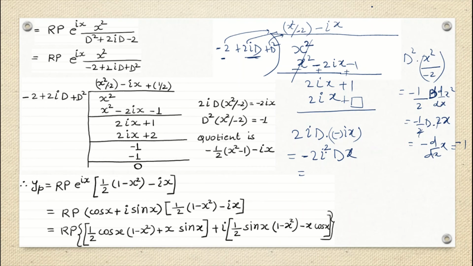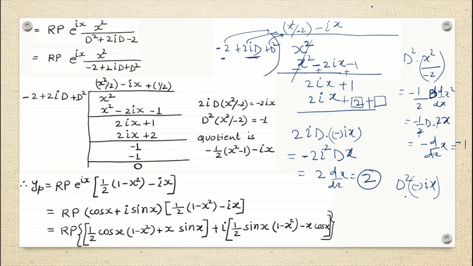So i square is minus 1, so minus and minus will become plus 2, and then d by dx of x will give you 1, so this is nothing but 2. Okay, so here I got 2. Fine. Now what I have to do? I have to perform d square of minus ix. Correct? Now what I have to do? D square of minus ix, and whatever I will get, that I will write down here.